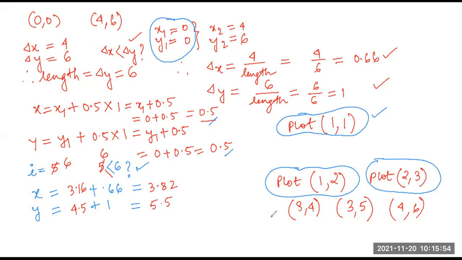Yes. But we won't be forwarding this step. Why? Because you have got your end point in between, and even if you forward this step, it is not an issue. Let us do it.